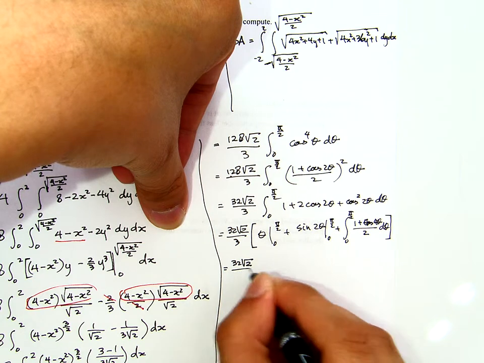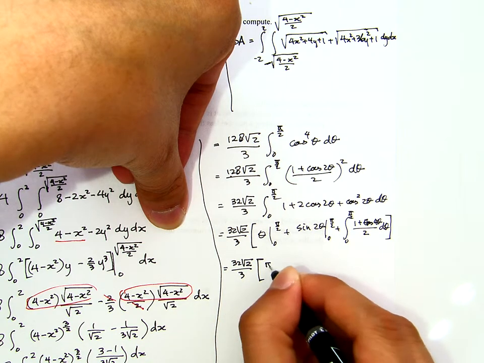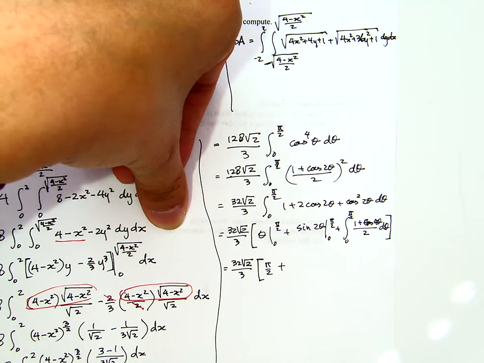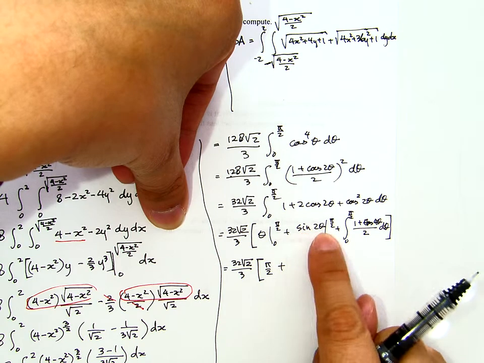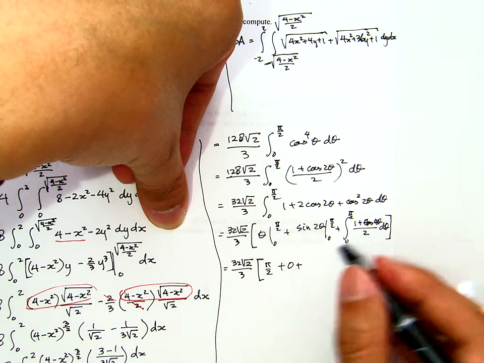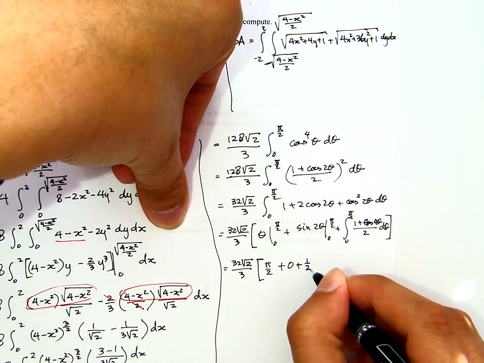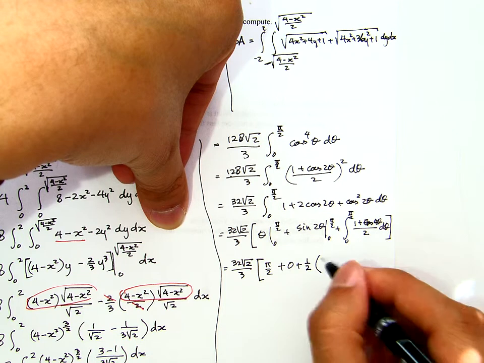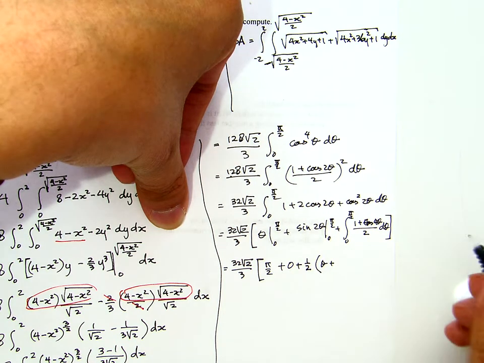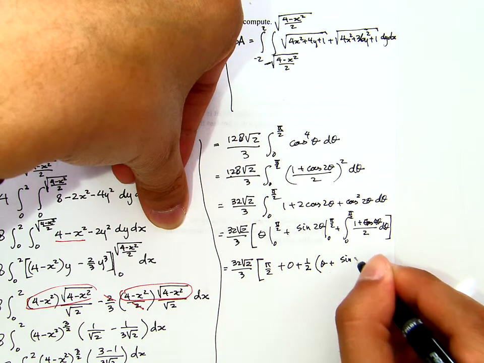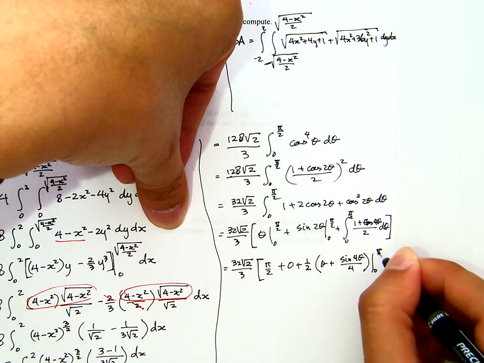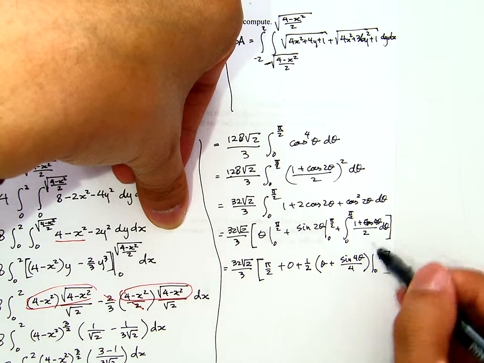32 radical 2 over 3. Here this will be pi over 2, and this tiny thing here is 0, because sine pi is 0, sine 0 is 0. And that one, when I integrate, I will get 1/2 times theta plus sine 4 theta over 4 from 0 to pi over 2. I factorized the 1/2 out already.